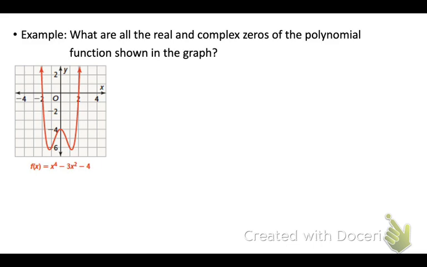Okay, I'm going to tell you right now that 4 and 2, are they squares of each other? If I square x squared, do I get x to the 4th? Yeah. So I could actually factor this as a trinomial. So let's look at it. The factors of 4 that have a difference of 3: 4 and 1, right?